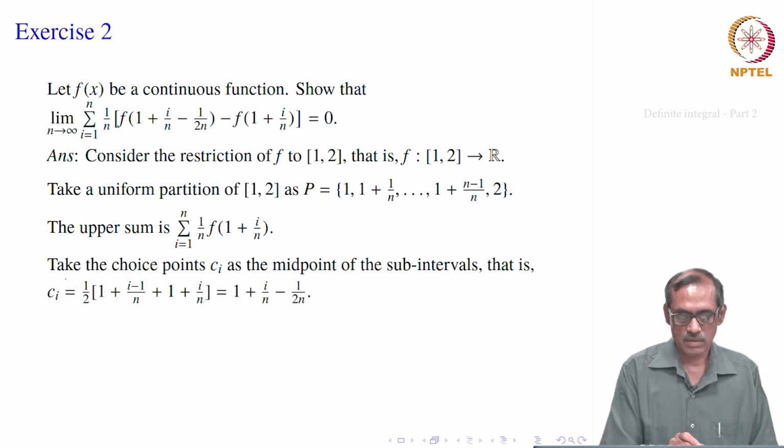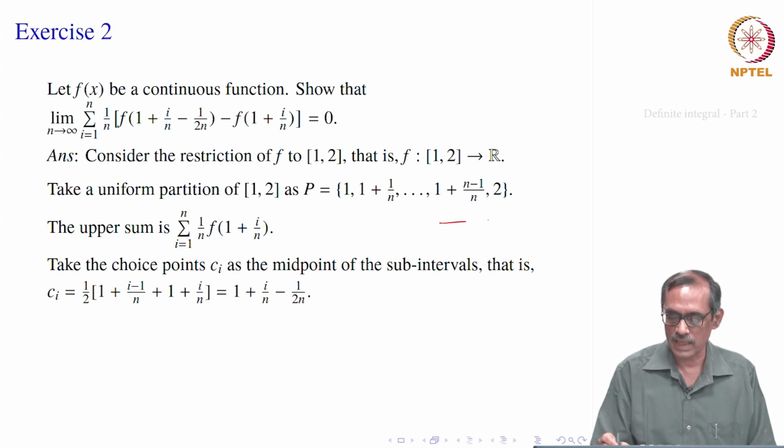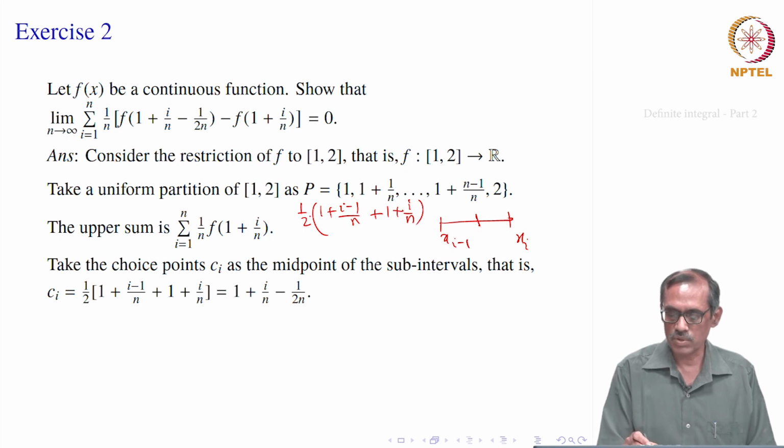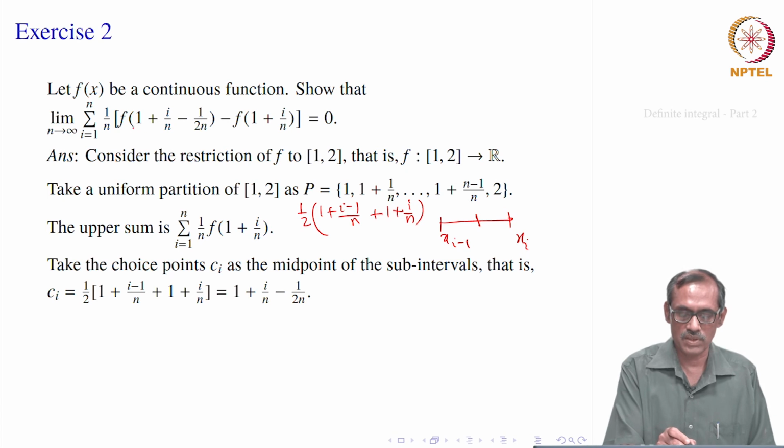Now, when you take the choice point c_i as the midpoint of the subinterval from x_{i-1} to x_i, that midpoint is 1 plus (i minus 1) by n plus 1 plus i by n, divided by 2. That gives you 1 plus i by n minus 1 by 2n, which is what is asked here.